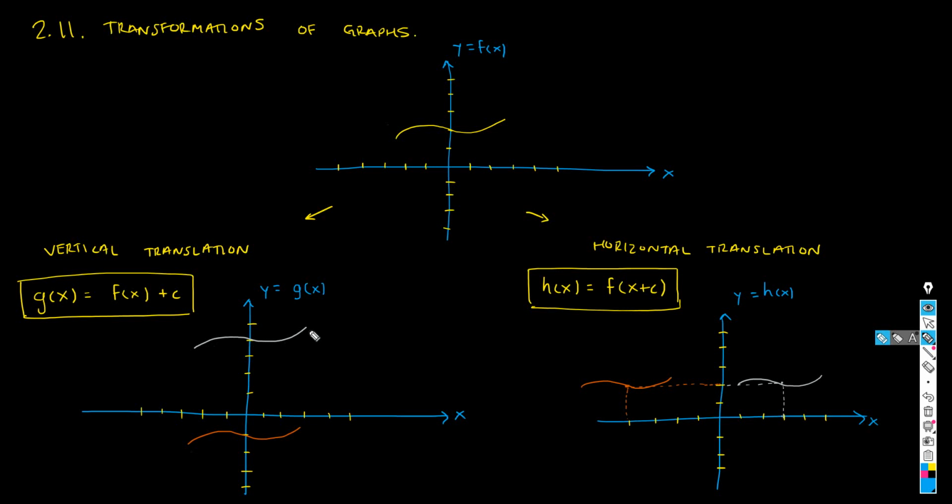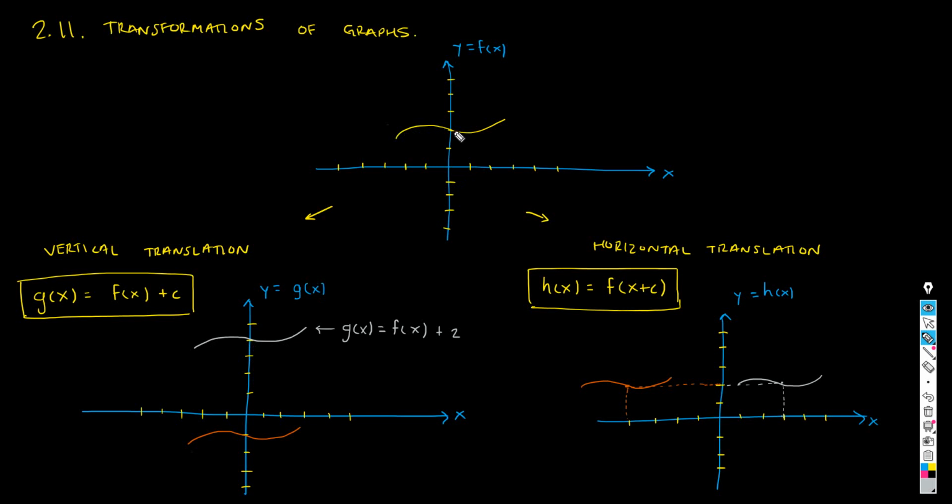Okay, so for example, look at this one. That would happen. This would be the graph of this function, g of x equals f of x plus 2. Why? Because if you notice, this graph is the same as this, okay, with the only difference that it's displaced upwards by 2 units.